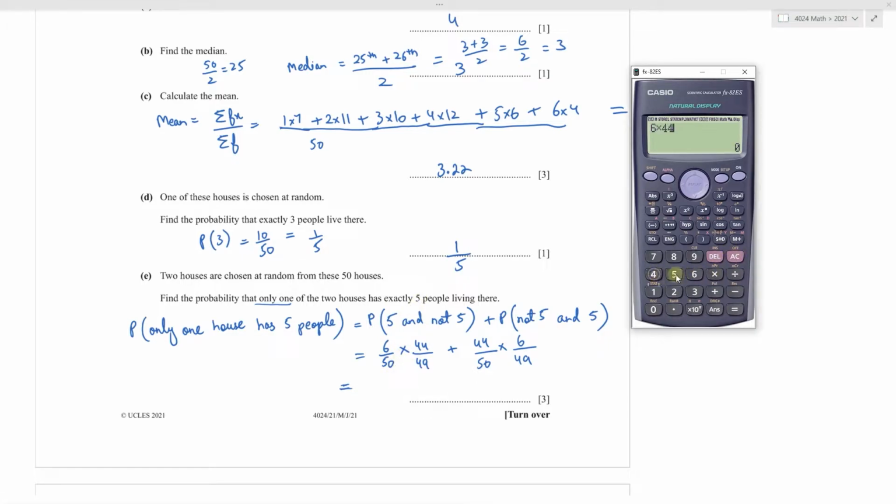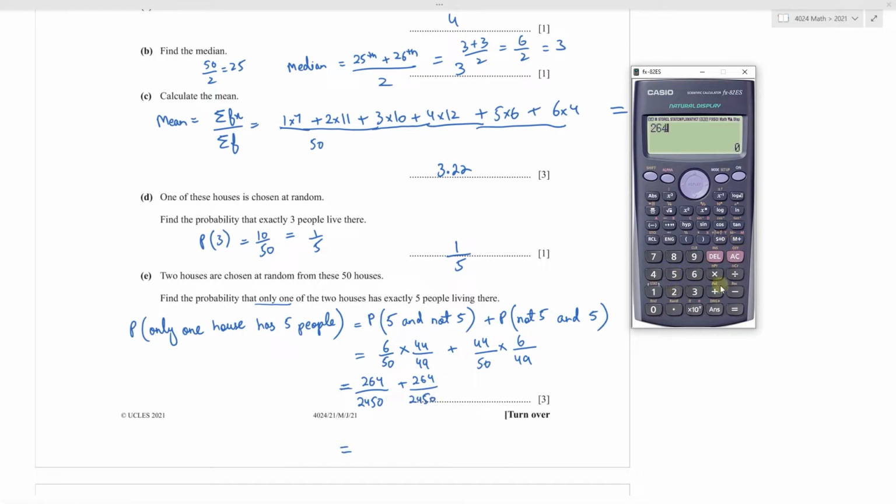6 into 44 is 264 divided by 50 into 49, 2450. Plus again 44 times 6 will be the same, 264. 50 times 49 will also be the same, 2450.